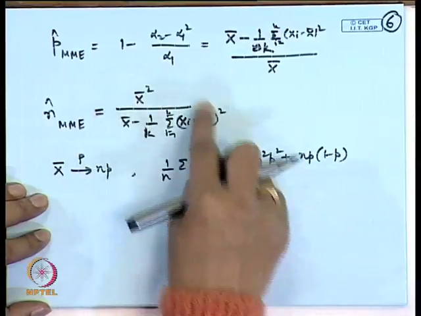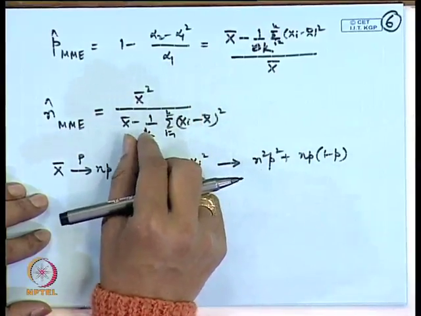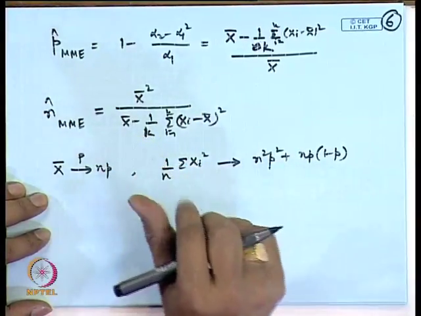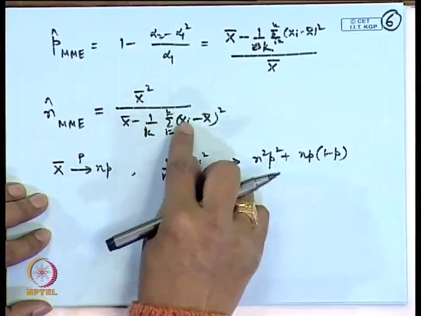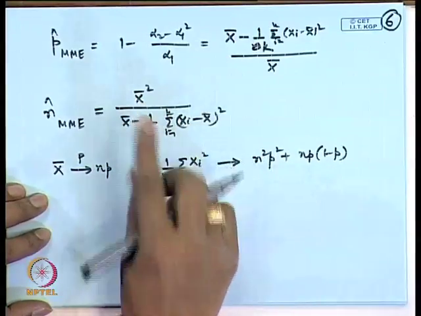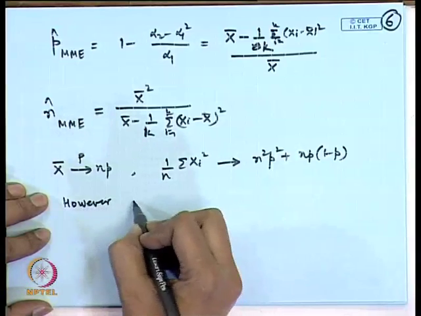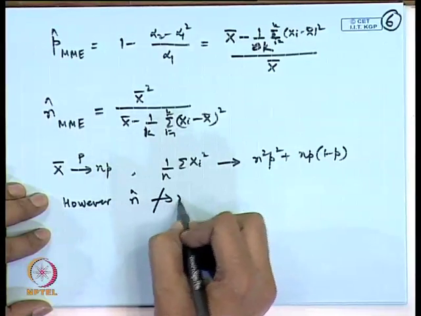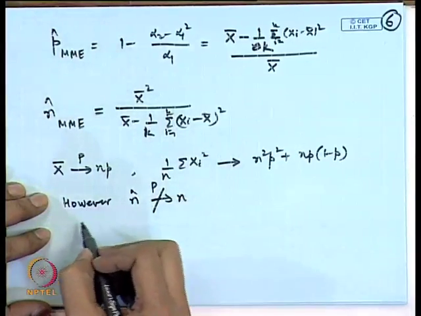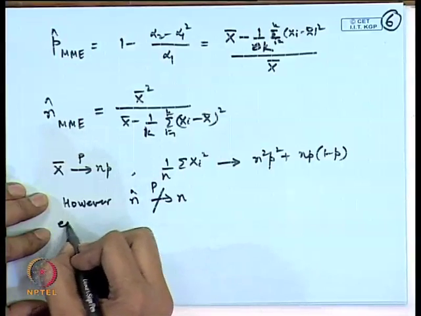So, this does not converge actually, because for convergence in probability we have established one property, the invariance property, but the invariance property is only for continuous functions. Here this is not a continuous function because the denominator may become 0. Therefore, n hat does not converge to n in probability. We may take one illustration here.